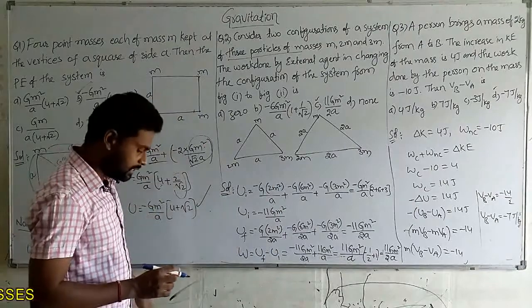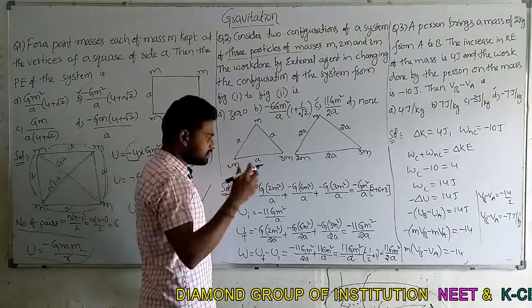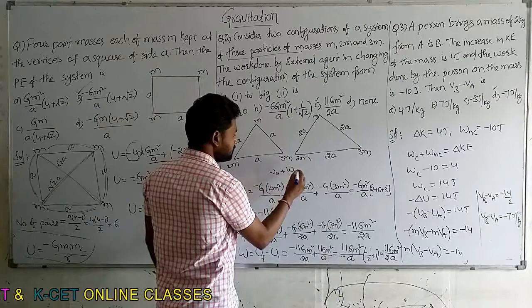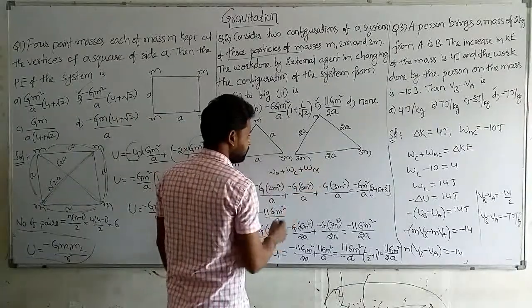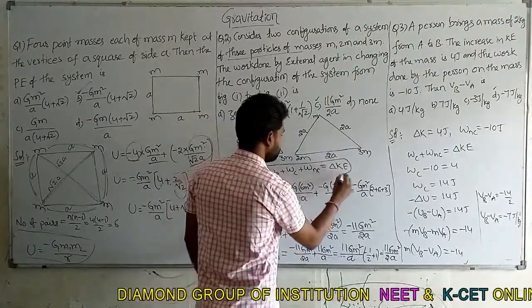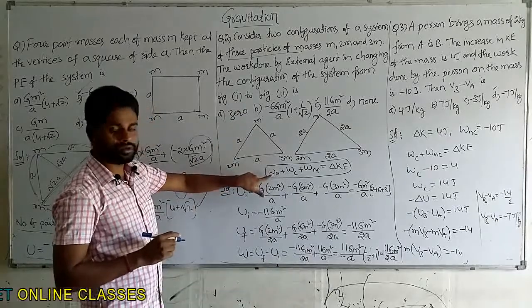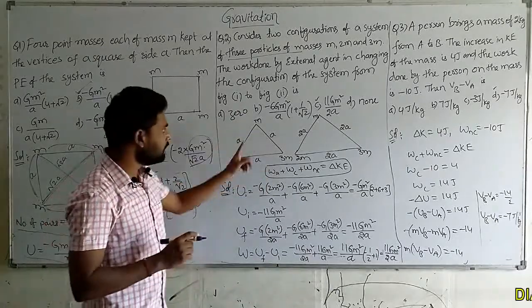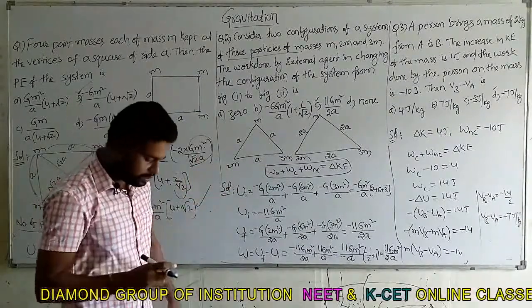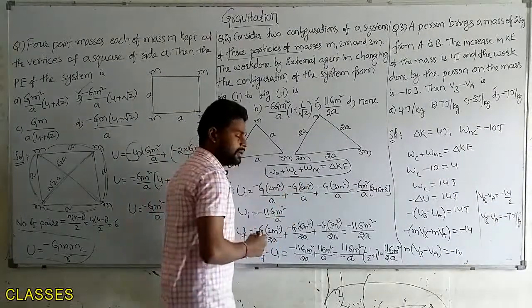Already in the previous class we discussed that the sum of all the works is equal to the change in the kinetic energy. That means work done by the agent plus work done by the conservative forces plus work done by the non-conservative forces equal to the change in the kinetic energy. This formula we already know. So how much work done by the agent we have to find. By changing its configuration, energy will be stored in the form of potential energy. That means here there is work done by the conservative forces.